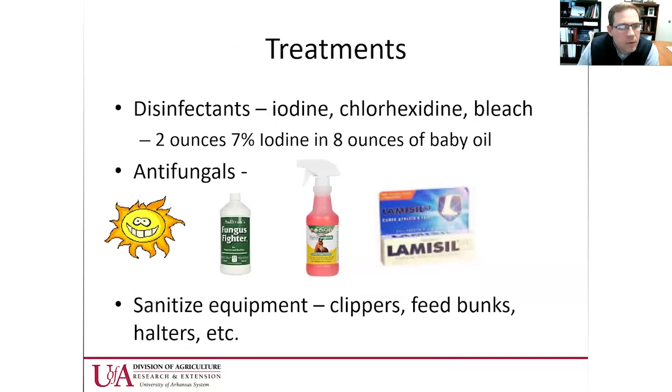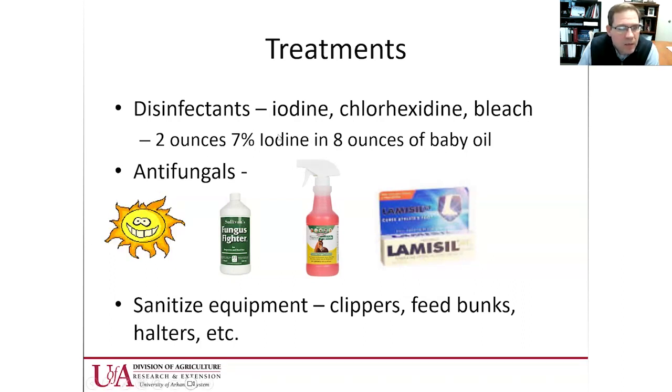The other thing to remember in terms of treatment is that we can use disinfectants to try to expedite that healing. And you can use things like iodine or chlorhexidine or a mild bleach solution. One thing that I've had luck with, both my daughters have shown sheep, and we've dealt with this before, is just to use iodine.